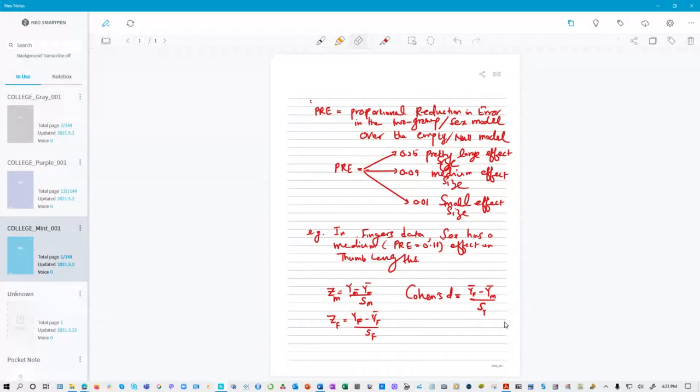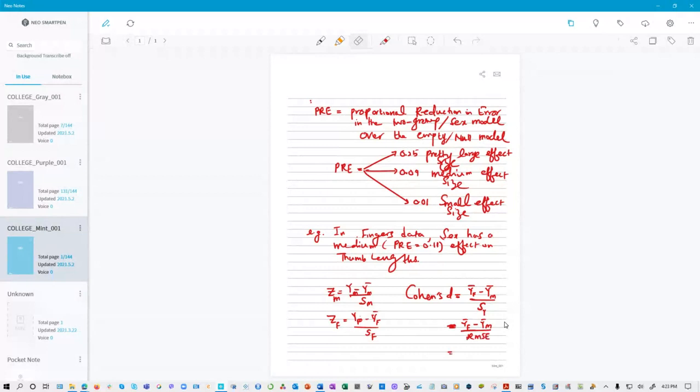So the standard deviation of y you can calculate in another way. Or you can simply use y bar f minus y bar m divided by the root mean squared error.